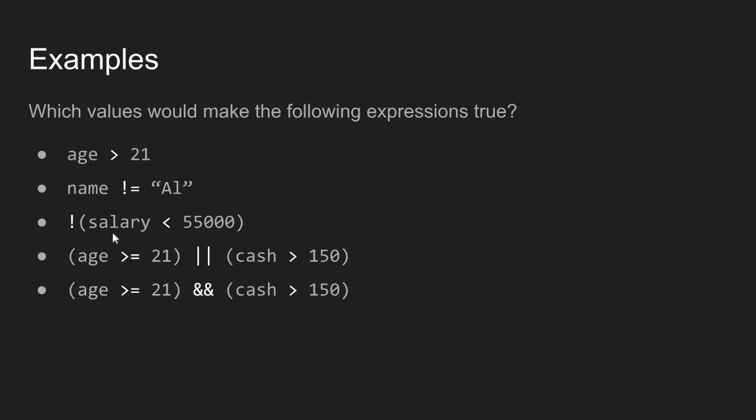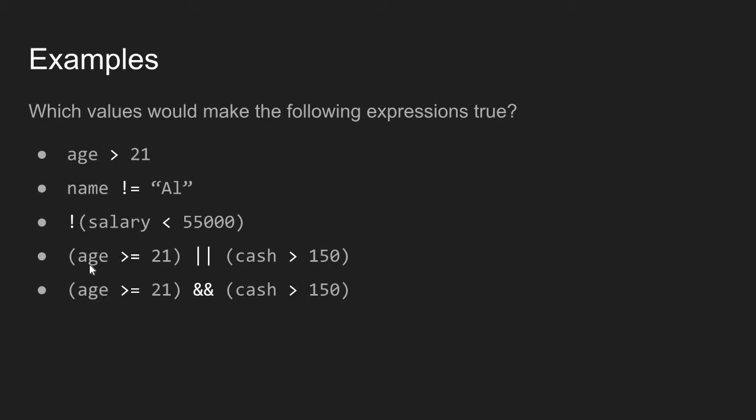Salary less than 55,000 would only be true for salary values lower than 55,000. So if salary was the value 55,000 or higher, the inside expression would be false, and then NOT false would be true. So this expression would be true for all values of salary greater than or equal to 55,000. Logic can get confusing, or it can take a little while to work through.